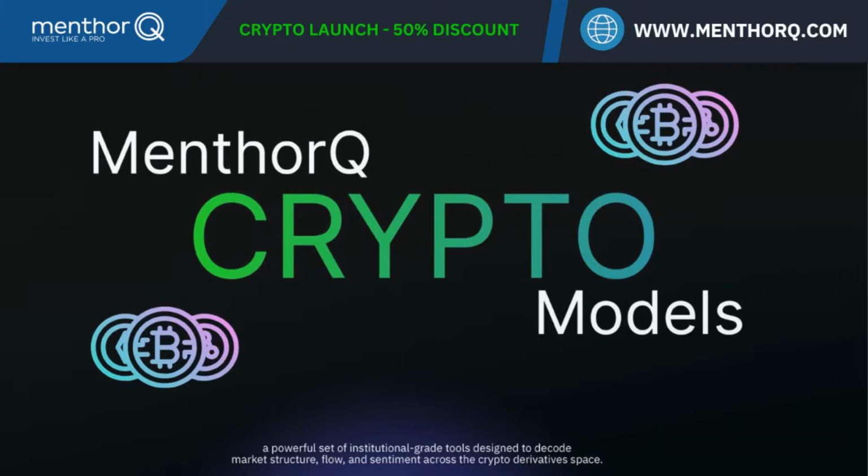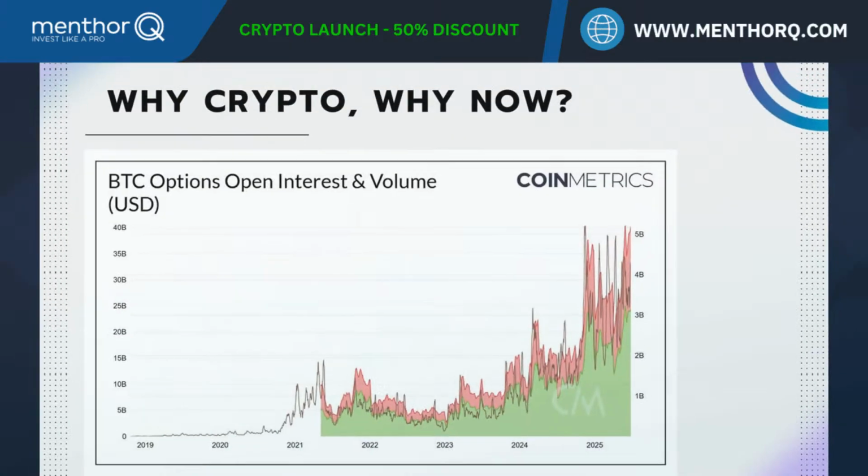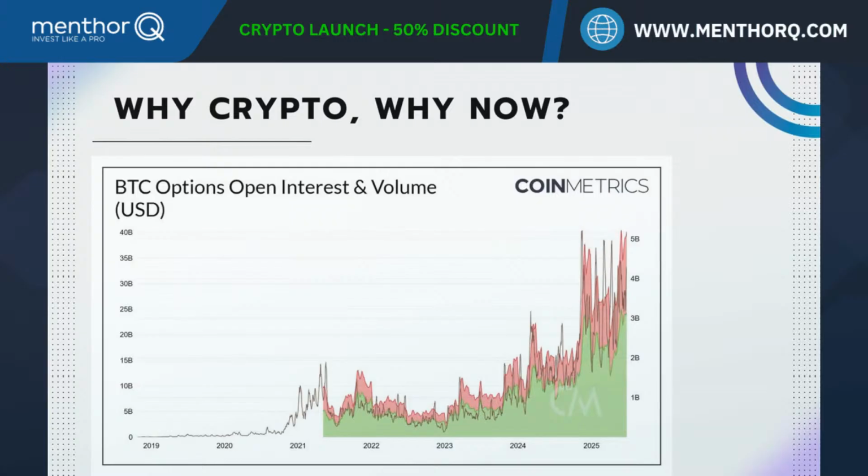So why are options on crypto getting very key for retail traders? I want to show this slide first before we go into the platform. What we see here is that clearly we are at the beginning of a very strong trend that could potentially become bigger in the future.